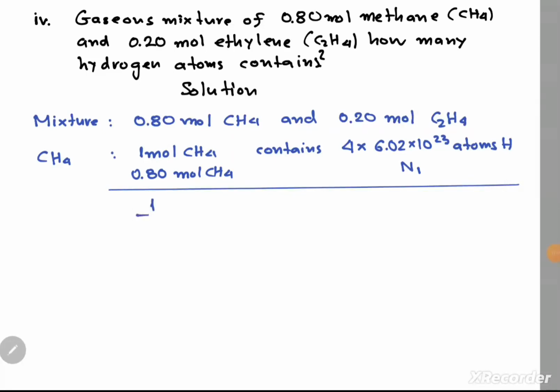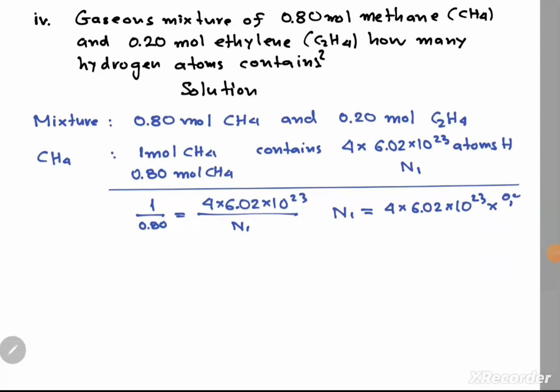So we have the atoms of hydrogen in methane: 4.816 times 10 to the 23 atoms of hydrogen.